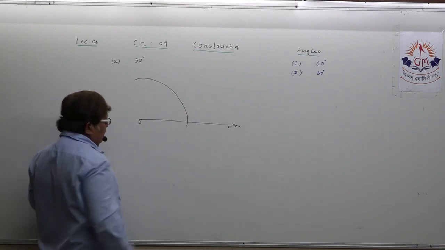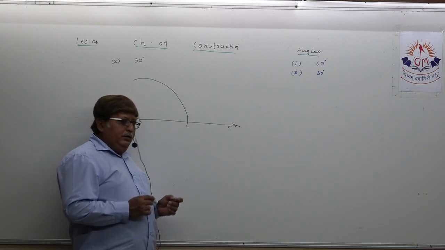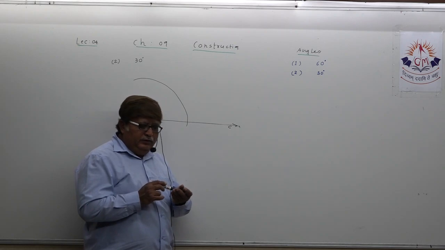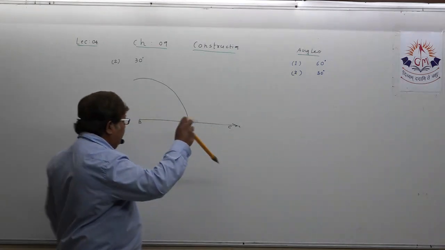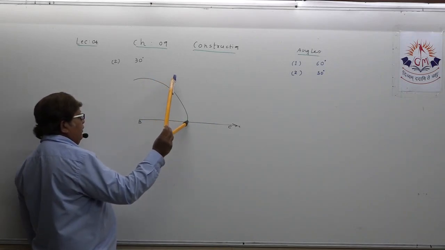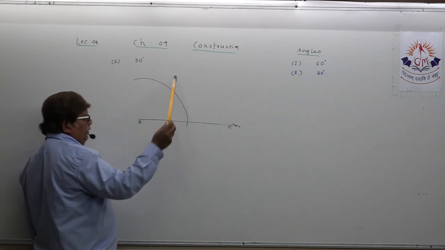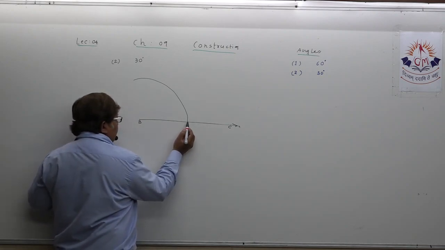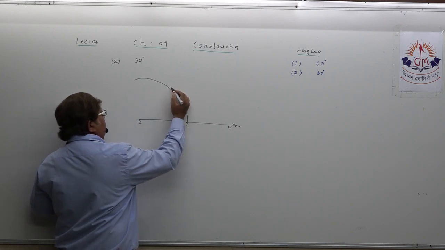Understood? How to construct 60 degrees, that you know. Keeping the same radius, you do not have to change the radius throughout the construction. Keeping the same radius, center your compass at this point and cut this arc.